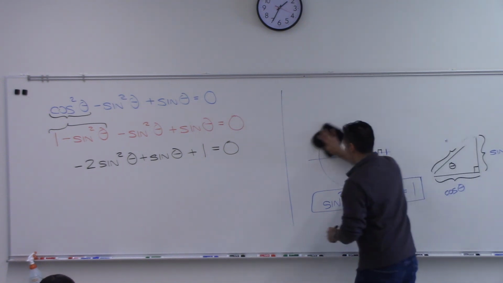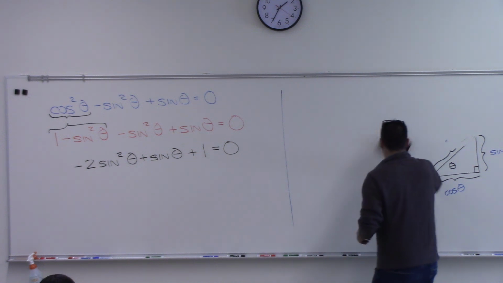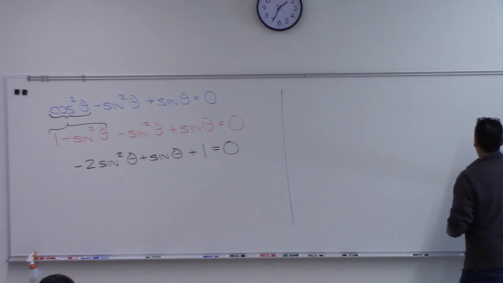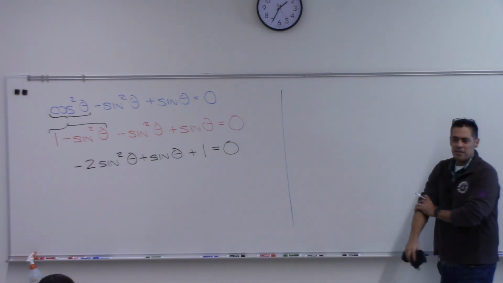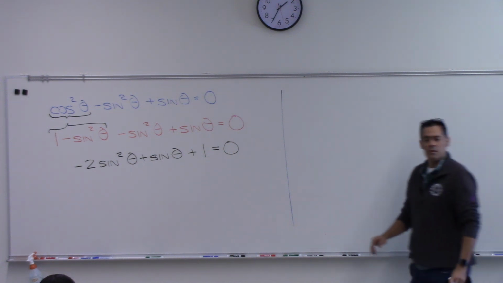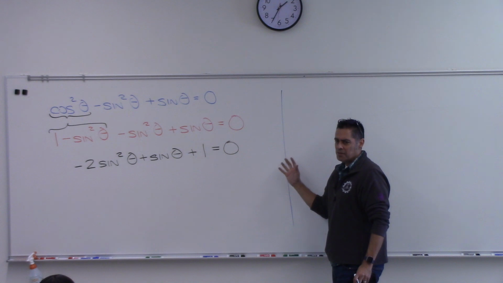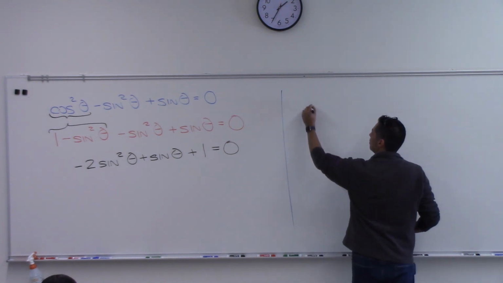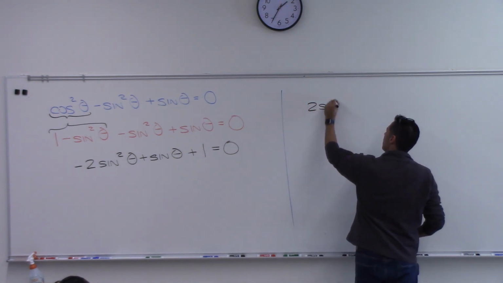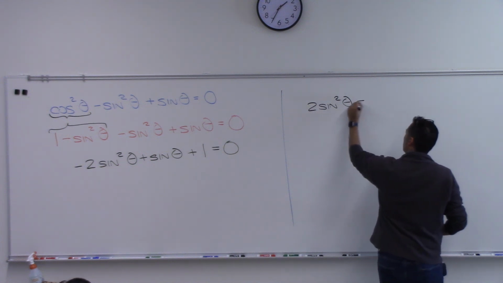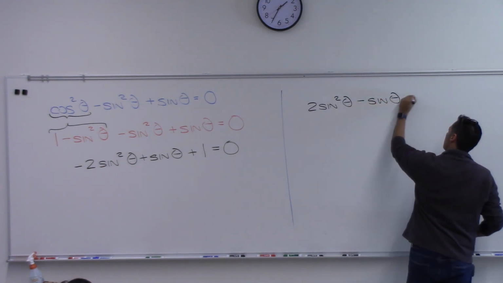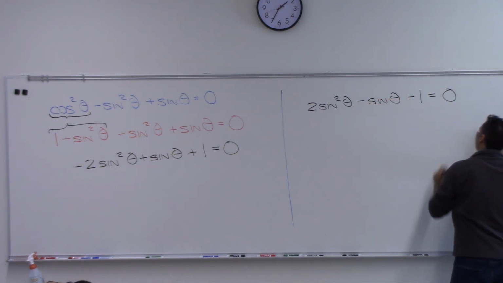I'm afraid it's going to mess you up. So I'm going to multiply both sides of this equation by -1. Multiply the left side by -1 and the right side by -1. All it's going to do is change the signs. It becomes 2 sine squared theta minus sine theta minus 1 equals 0.